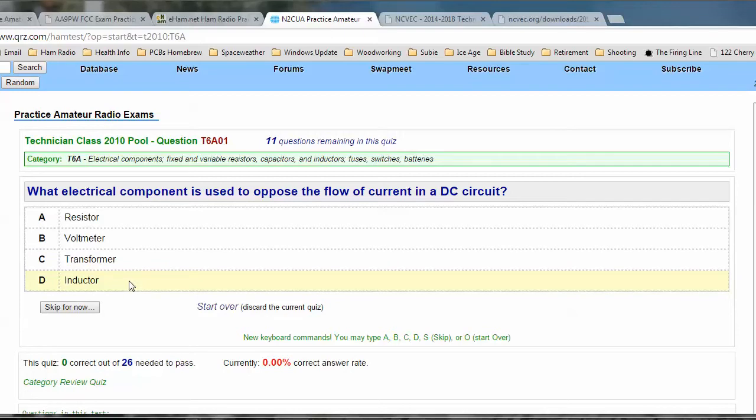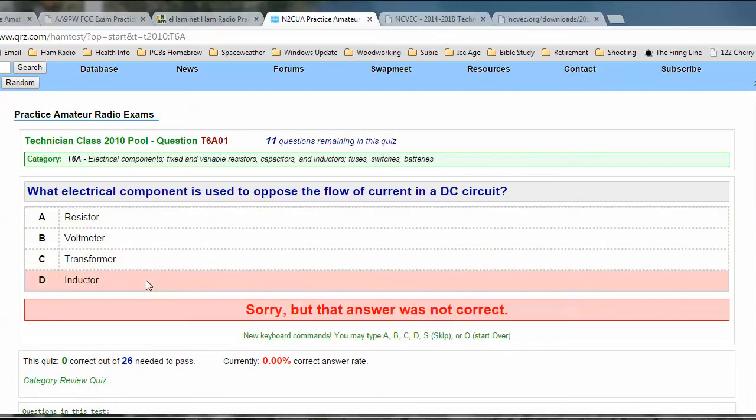Inductors, that's an interesting one, almost a trick question, because if there's a surge of current flow through an inductor, it will try to oppose it. Unless the keyword is oppose, instead of resist the flow of current. So we'll try inductor because a resistor kind of does the same thing, but oops, we were wrong.